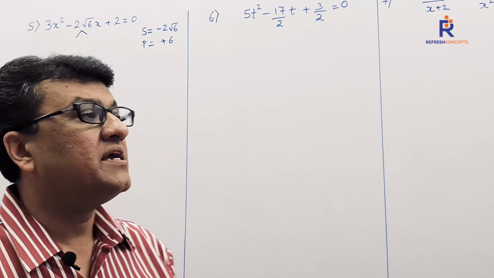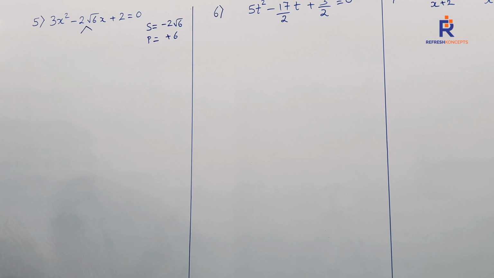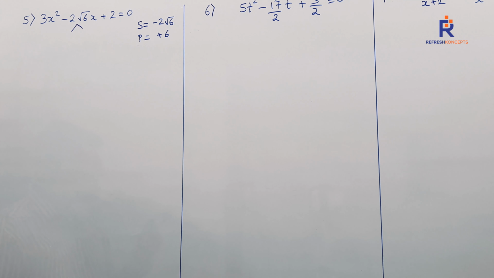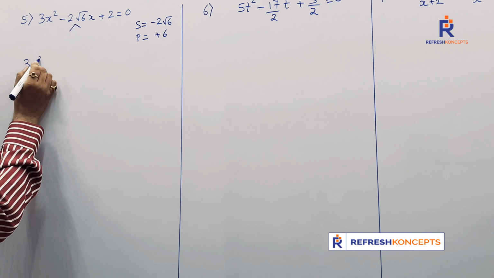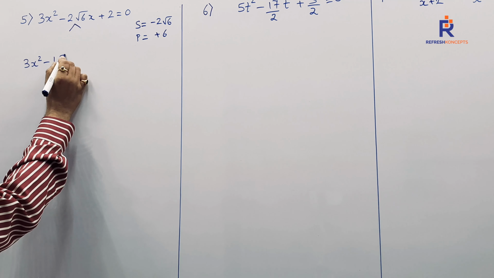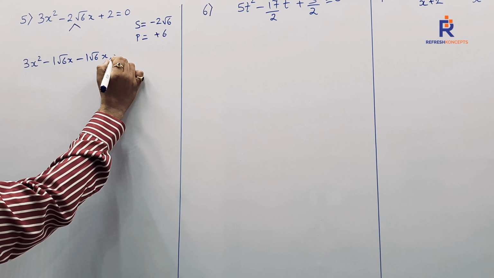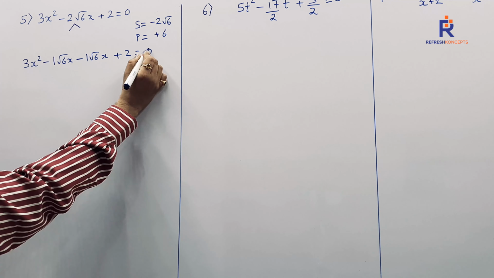Any idea, any guesses from your side, children? Let's check whether my numbers tally with your numbers or not. According to me, the numbers are minus 1 root 6, minus 1 root 6. So I shall say this is 3x square minus 1 root 6x minus 1 root 6x plus 2 equals to 0.